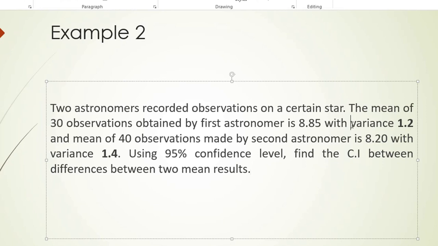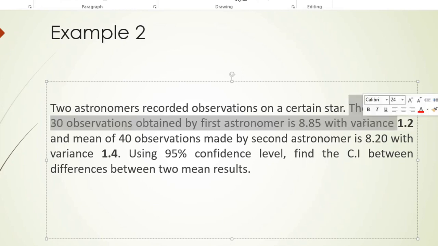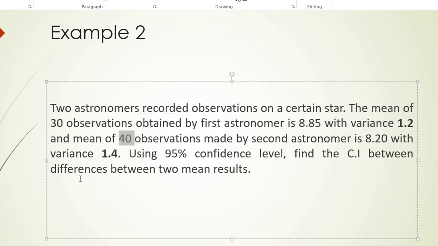The results given to us are the readings of the 30 observations. The same happens here in the third line. The mean of 40 observations gives us an estimate of the variance, that is 1.4. We are not talking about any past experience, any population variances, or any prior knowledge.